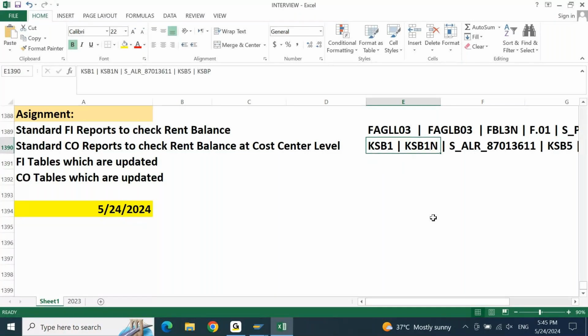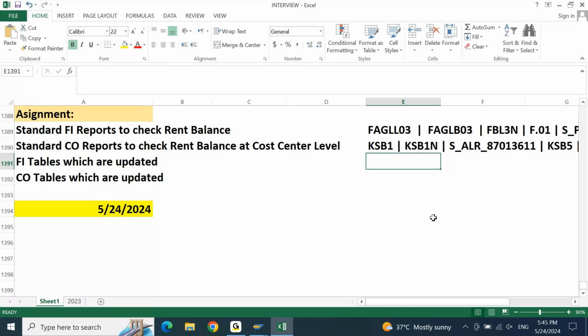All right. We will verify these reports once we post the entry now. Next one, FI tables which are updated. Whenever you post any accounting entry, from the FI point of view, what tables will get updated? Now here you are talking about cost center.